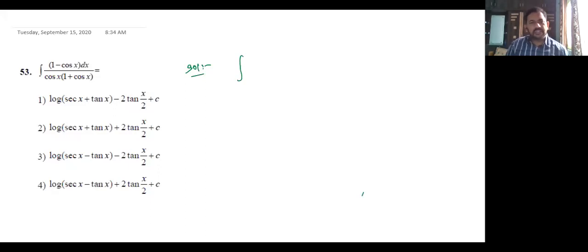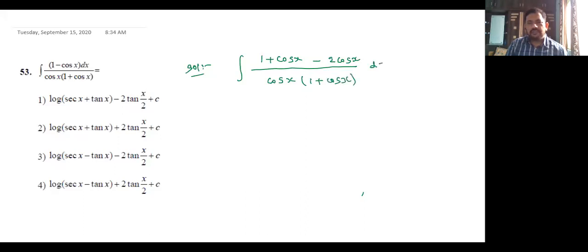The denominator has 1 plus cos x, but the numerator is 1 minus cos x. So in the numerator I am writing 1 plus cos x minus 2 cos x. 1 plus cos x minus 2 cos x means that is 1 minus cos x only. Now the denominator is cos x into 1 plus cos x dx.